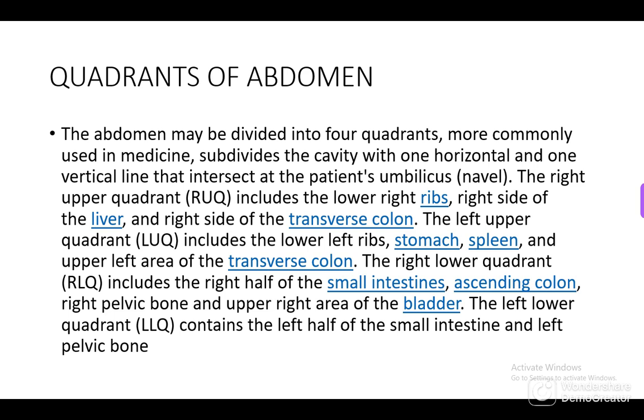What are the contents of the right hypochondrium, left hypochondrium, epigastrium, umbilical region, right lumbar region, left lumbar region, right iliac fossa, left iliac fossa, and the hypogastrium or pubic area?